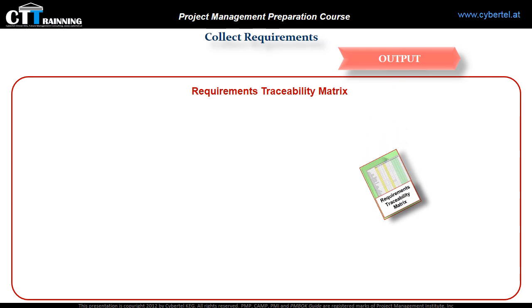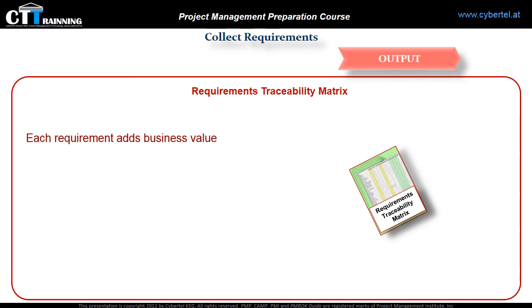Requirement traceability matrix is a document, usually in the form of a table or Excel sheet. The implementation of requirements traceability matrix ensures that each requirement adds business value by linking it to the business and project objectives. It builds a kind of structure for managing changes to the product scope.